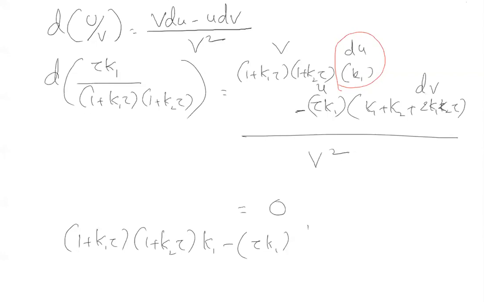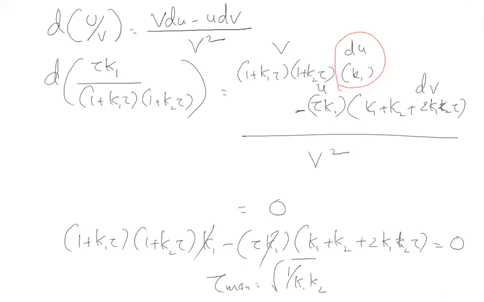I'm just rewriting whatever I have written. Equal to 0. K1, K1 will cancel. So if you expand this one, you will get tau max as root of 1 by K1 K2.